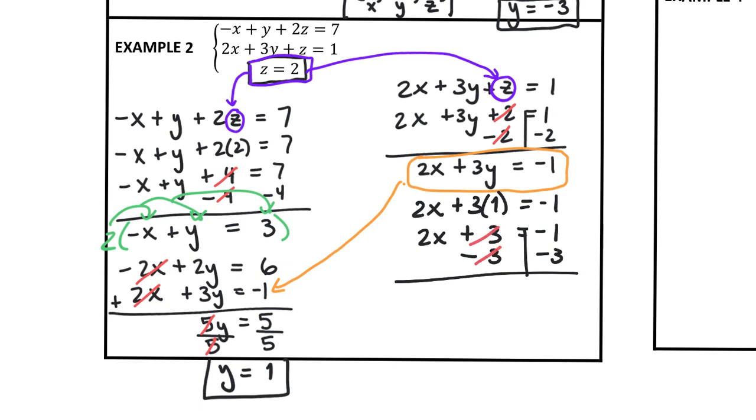So you're going to cancel here. 2x equals negative 1 minus 3 is negative 4. Divide by 2. Divide by 2. X equals negative 2. So my ordered triple is negative 2, comma 1, comma 2.